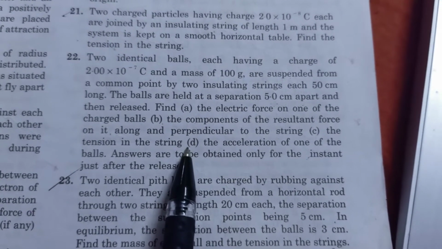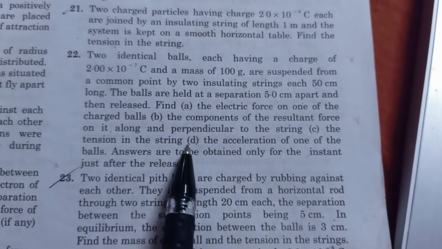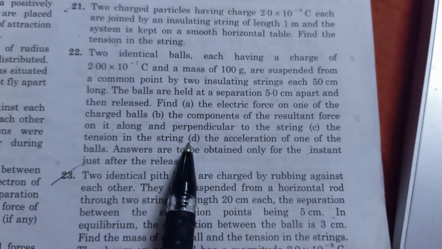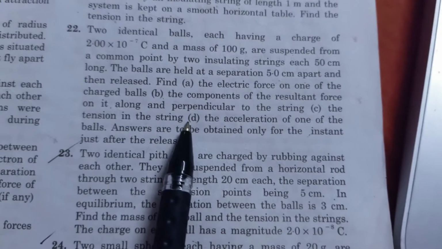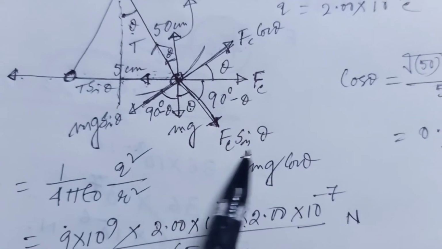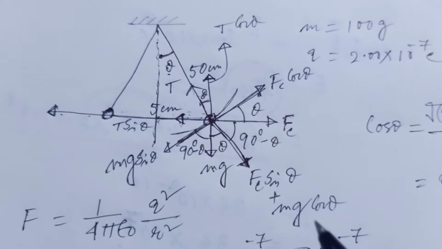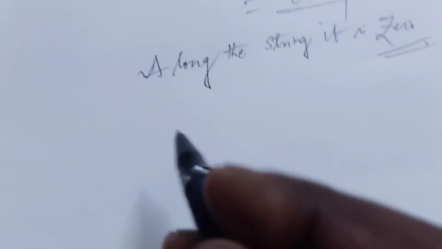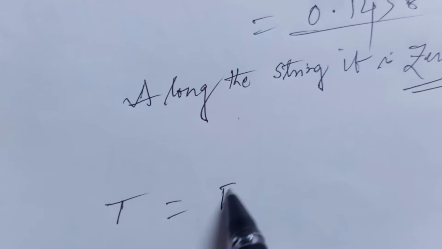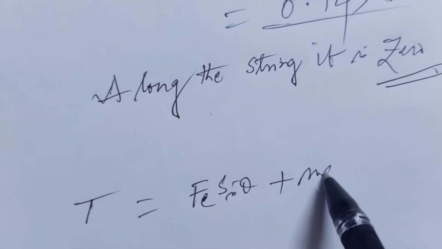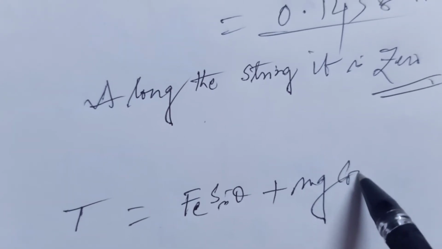Since this tension balances this one, the tension is Fc sin theta plus mg cos theta.